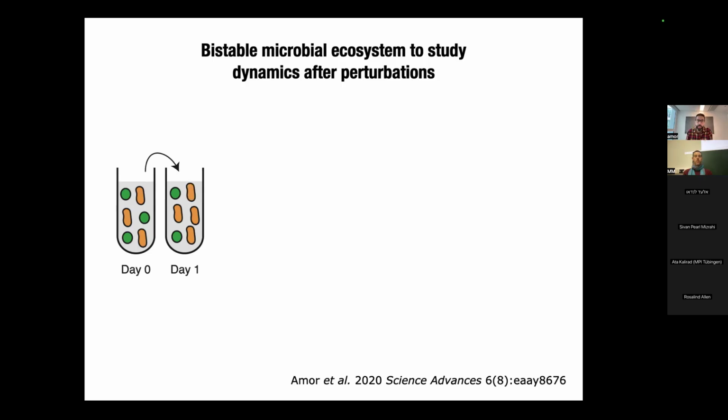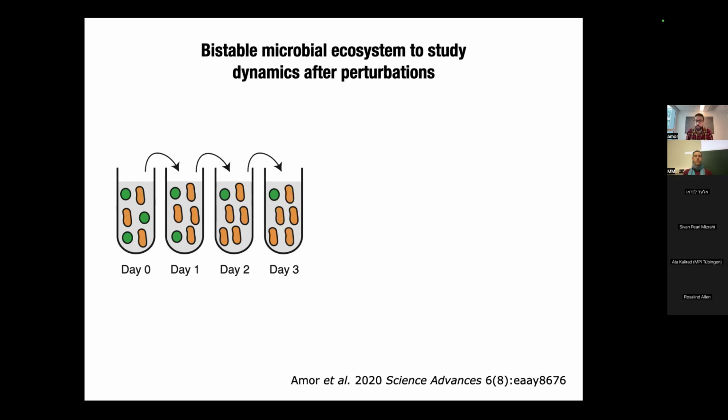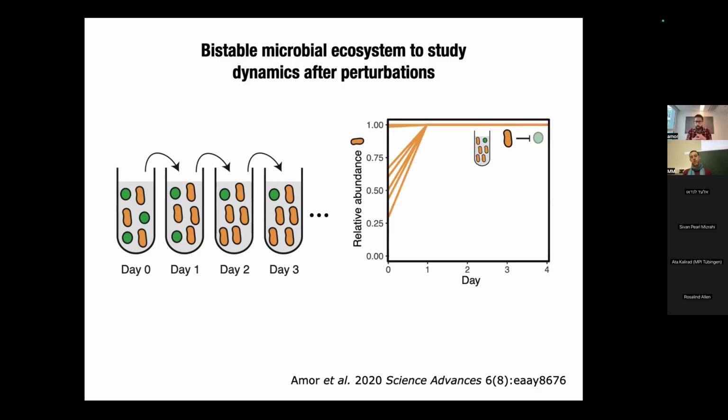And in this way, through different cycles, microbes can continue growing and interacting, eventually reaching some sort of steady state. And when we did this for these two microbes that strongly compete with each other, we found that there was a threshold in the initial relative abundance that will determine the outcome of this competition.